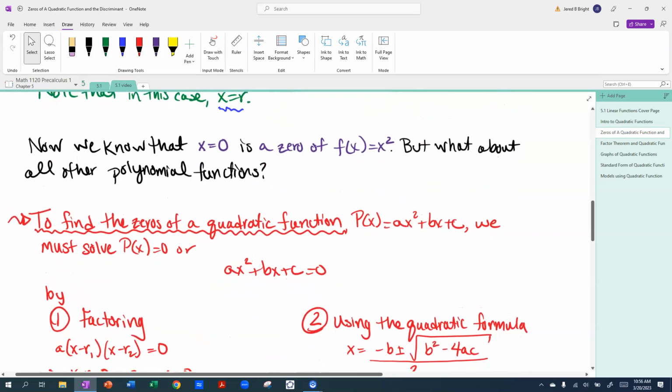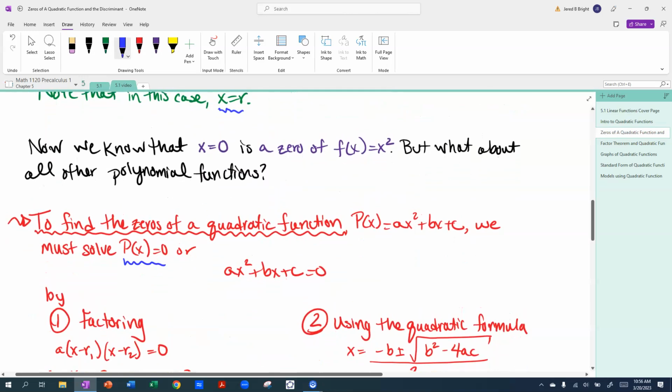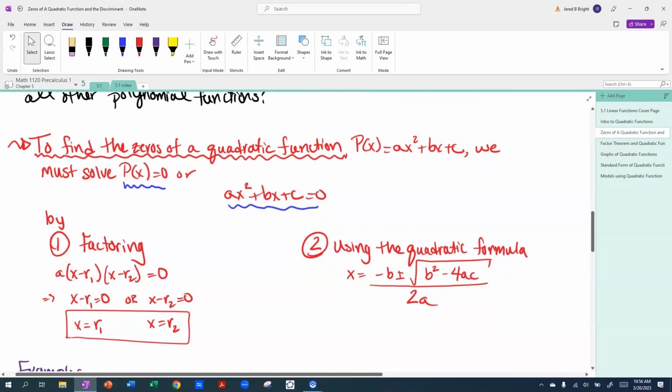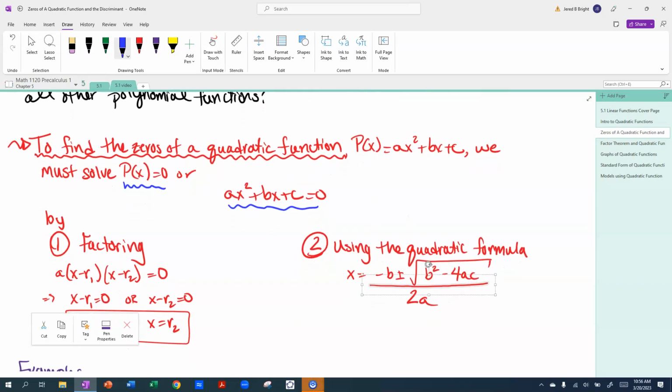You must solve p of x equal to 0, which really means, in the case of a quadratic function at least, that ax squared plus bx plus c is equal to 0. We have two tools to do that. We can factor, and if we factor, we might be able to pull out that a value and express it as x minus r1 and x minus r2, two binomials, equal to 0.